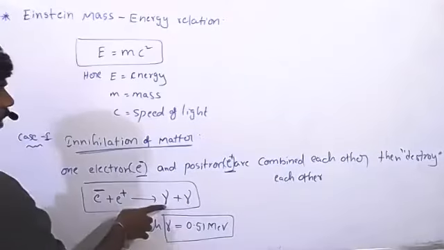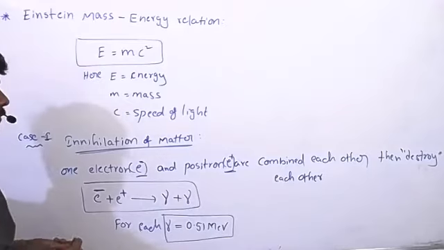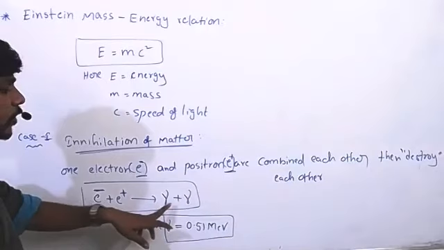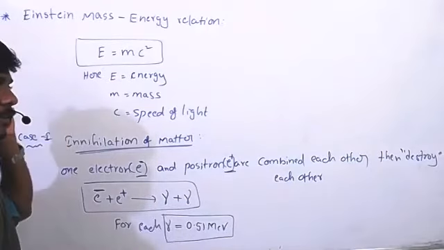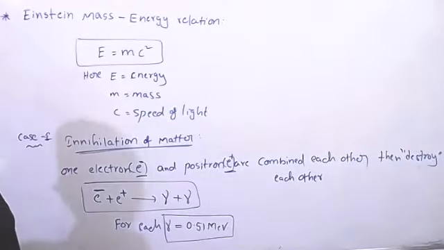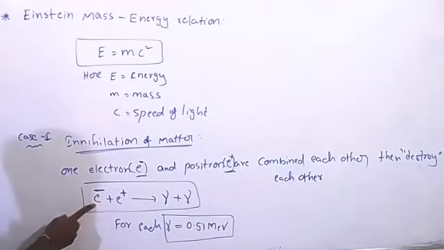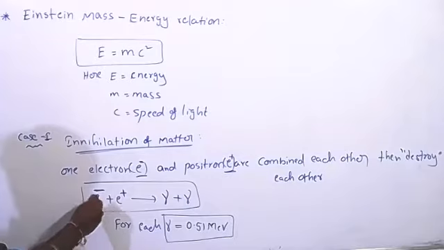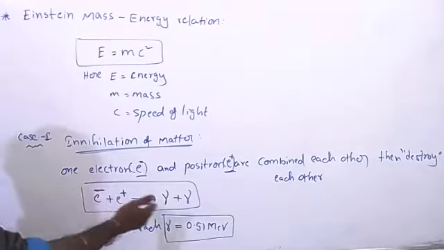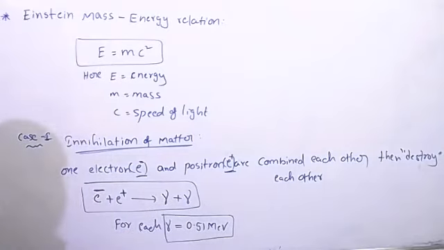Why did we get two gammas here? Yes, the mass is getting destroyed, so it releases energy. Because they have mass, and when we combine them, they destroy each other. That is the reason: when mass is destroyed, we get energy. Mass is converted into energy.